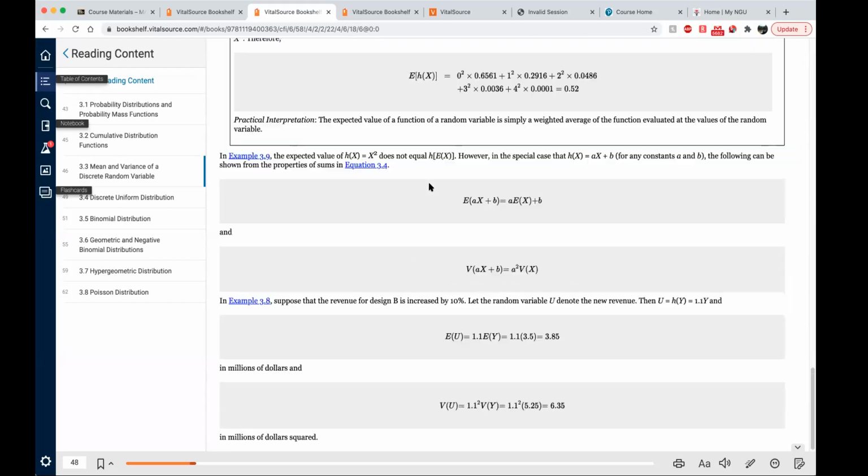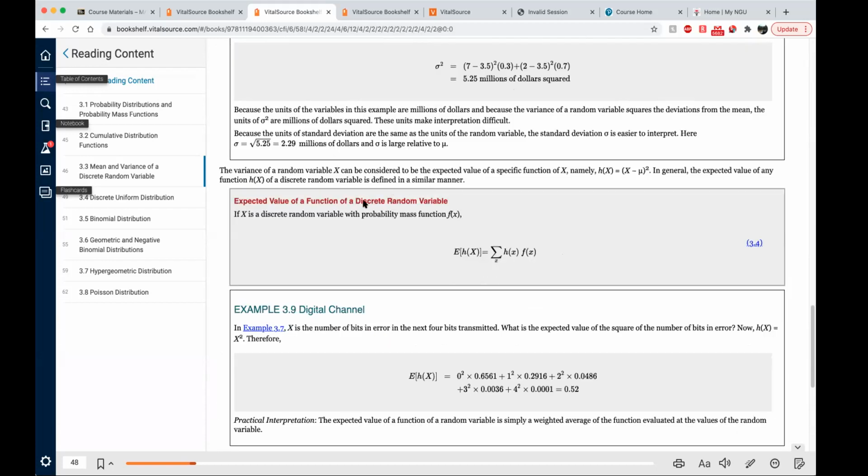Now we're studying the expected value of a function, which is E of h of x. H of x is a function of the random variable x, and x is a discrete random variable. It is defined by the sum of h of x times f of x. That's quite simple, right?